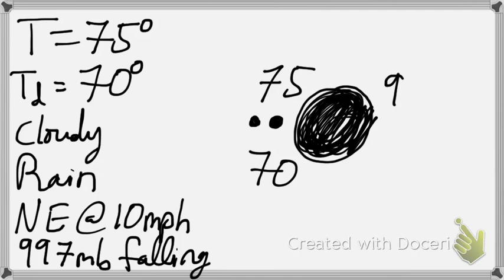Pressure 97 and it's falling. Winds northeast at 10. That is a very basic station model that you will be responsible for knowing. There will be homework assignments for this. We'll practice more in class. If you have any questions, please let me know.